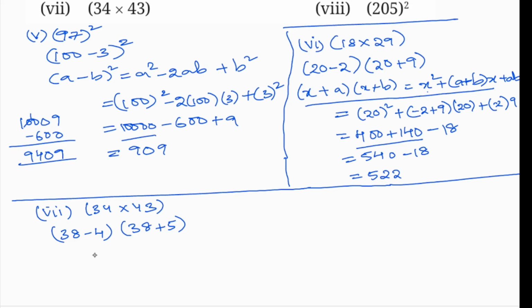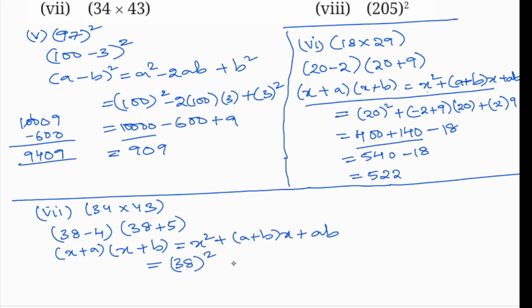So again this is in the formula (x plus a) into (x plus b), which is equal to x square plus (a plus b) into x plus ab. So here x is 38, a is negative 4 and b is 5.